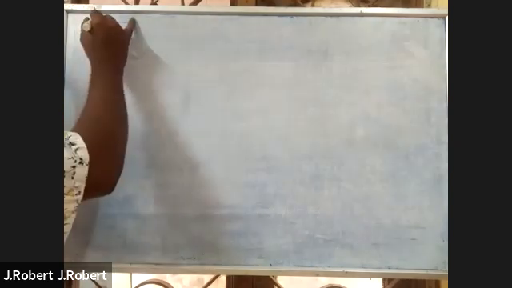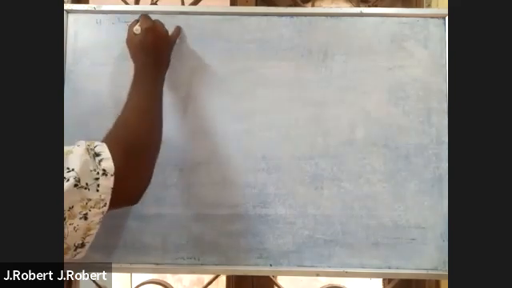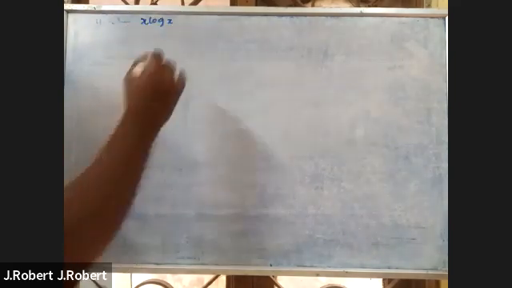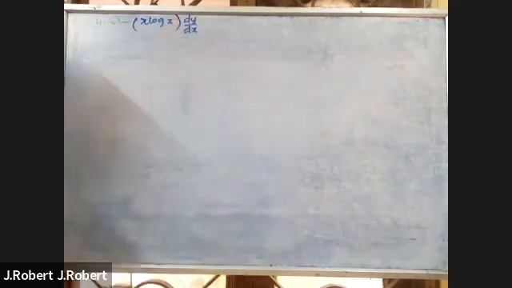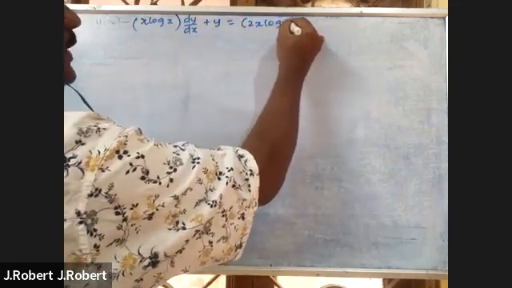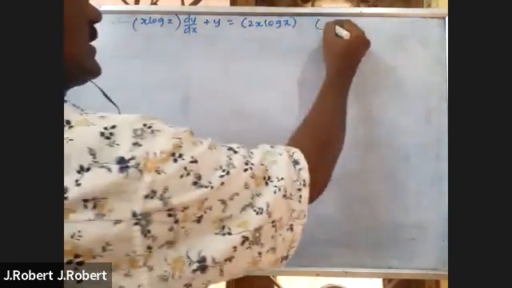Let y of x be the solution of the differential equation x log x dy by dx plus y is equal to 2x log x, where x is greater than or equal to 1.